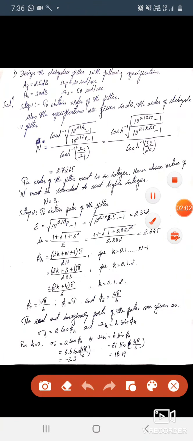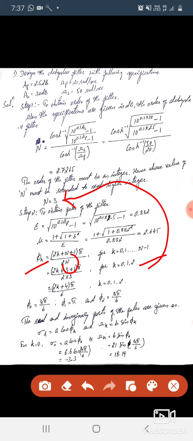Next, we have to go for the poles to find phi k, what angle it is going for. In terms of radians, phi k is going to be (2k plus N plus 1) into pi divided by 2N. Substitute for the n value. Here the k value is going to be taken as 0, 1, 2 because n is 3, and the range is 0 to N minus 1.